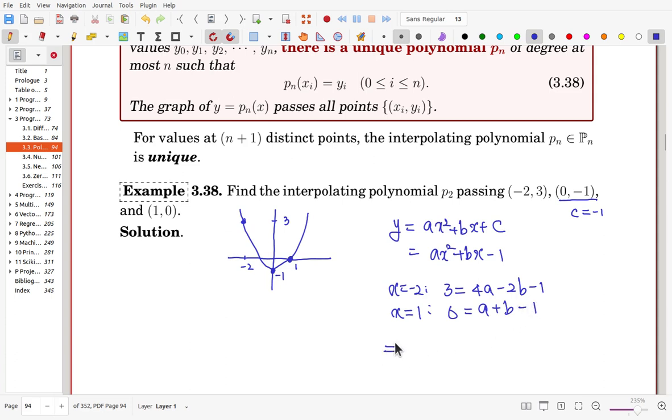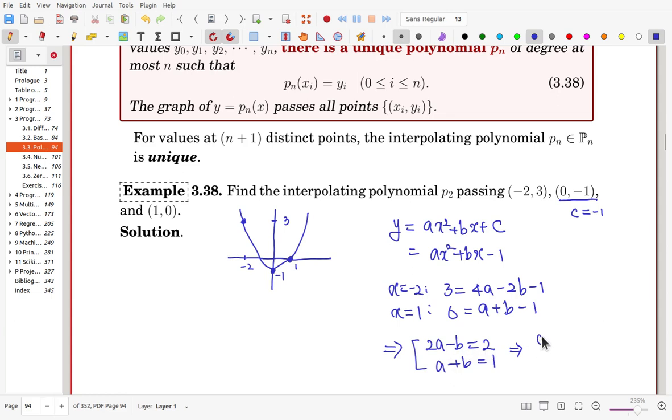So from these 2 equations, let's simplify. Moving the constants to the other side, then dividing by 2, we have 2a minus b equals 2. And from the other, a plus b equals 1. From here, we can get immediately a is 1, b is 0.